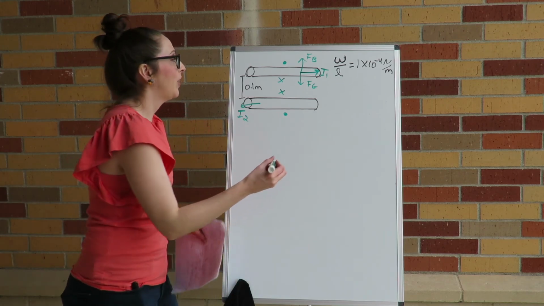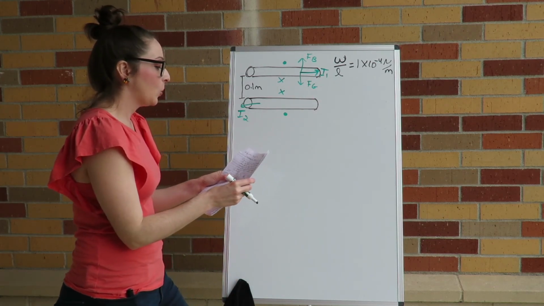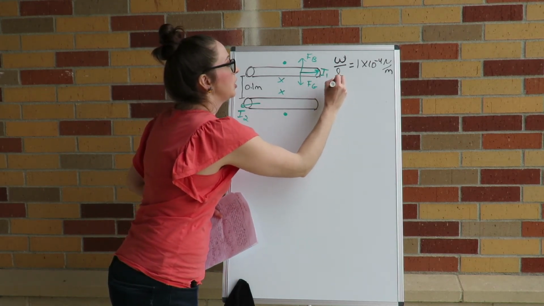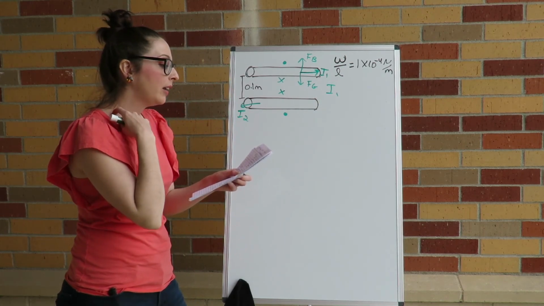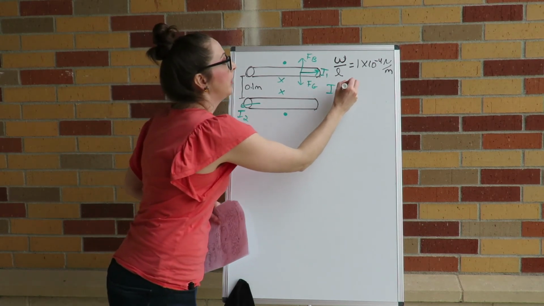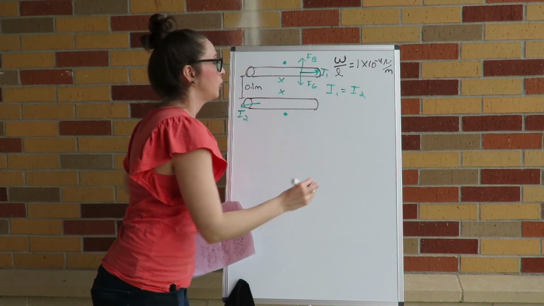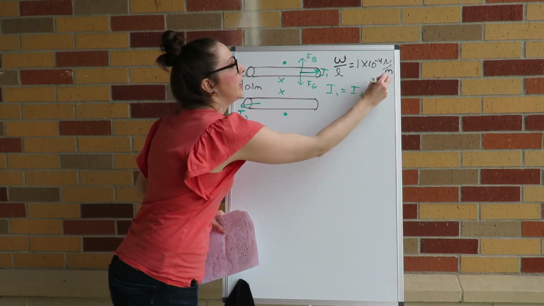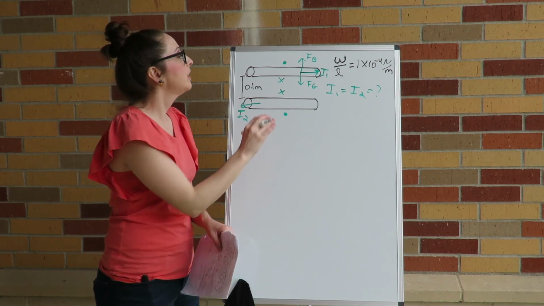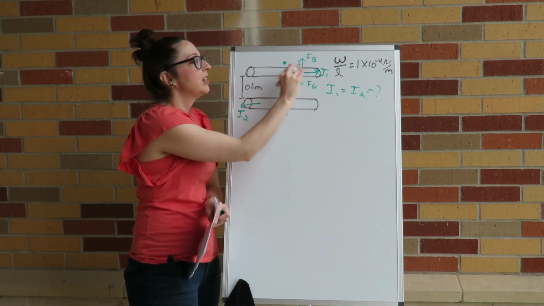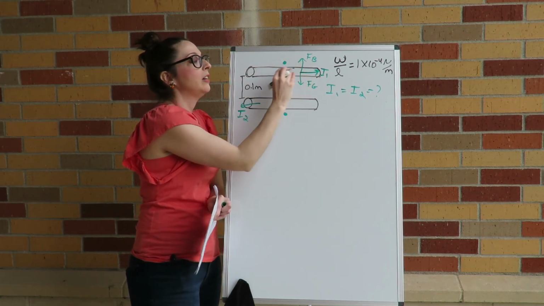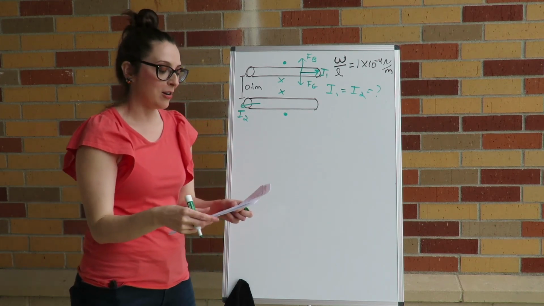And so we want to find the current in these wires. I mentioned that the current in both of these wires is equal in magnitude but opposite in direction. So we're looking for the value of this current that allows this wire on top to levitate above this wire down here.